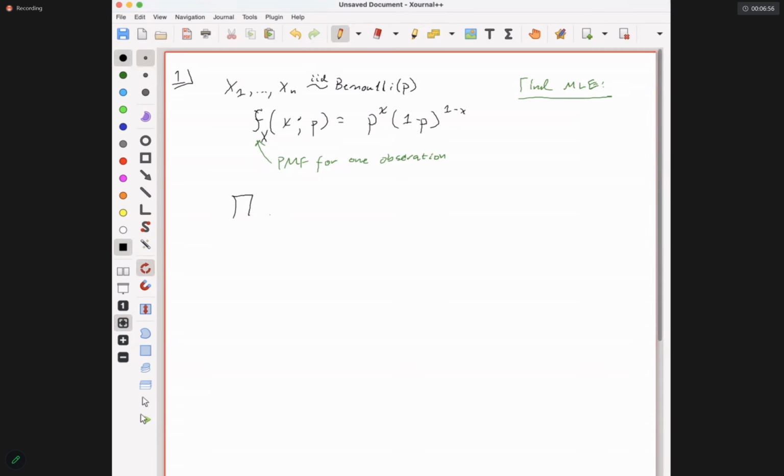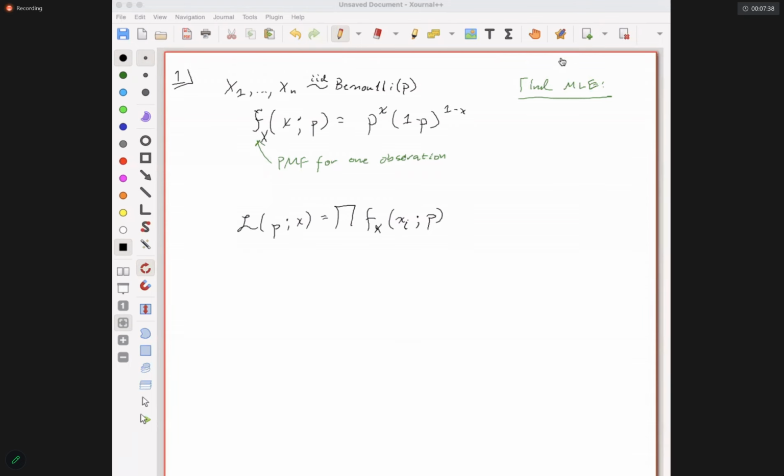The product of, here it's going to be f sub x of xi given p. And what is our product over? What values does it range over? I'm talking about the product, though.